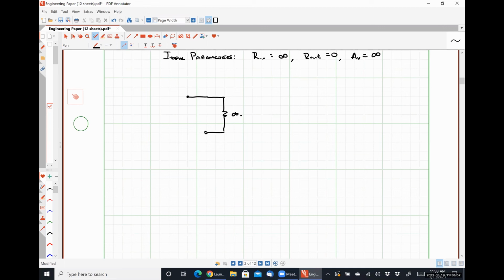So this is infinity ohms, so we're treating it like an open circuit. This is V plus, this is V minus. Over here, I have infinity times VD, where my differential voltage here is VD. I have 0 ohms here, so we're treating this guy like a short circuit. Here's my output voltage, V out.